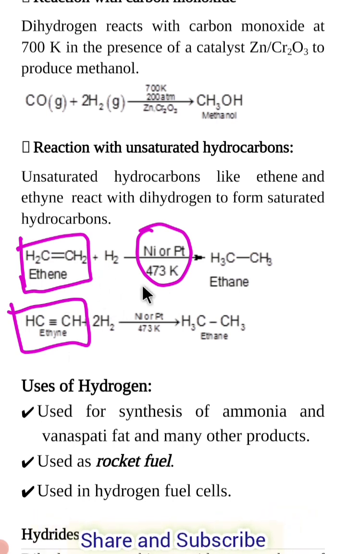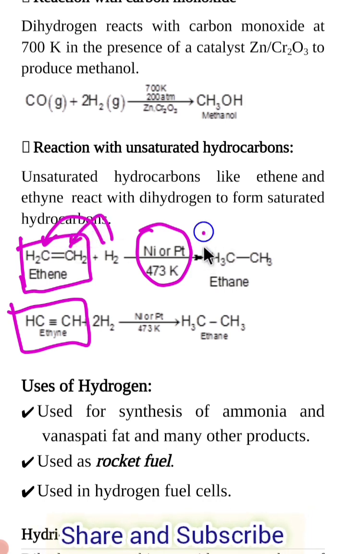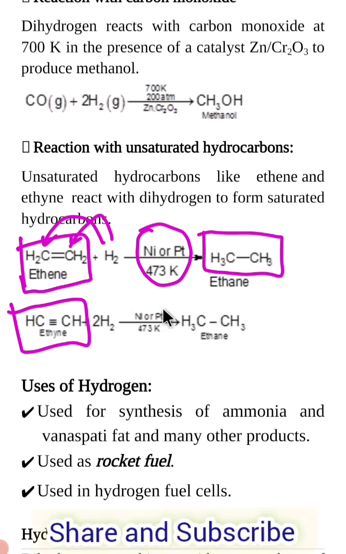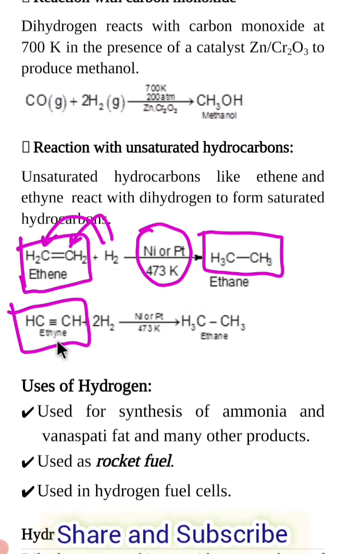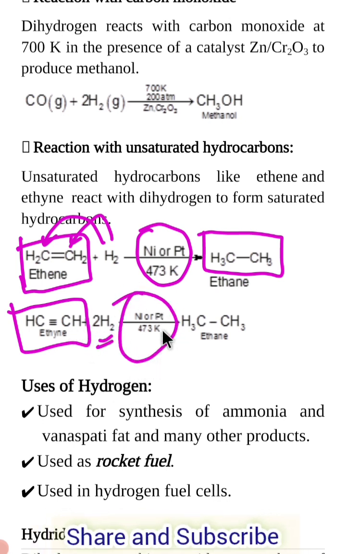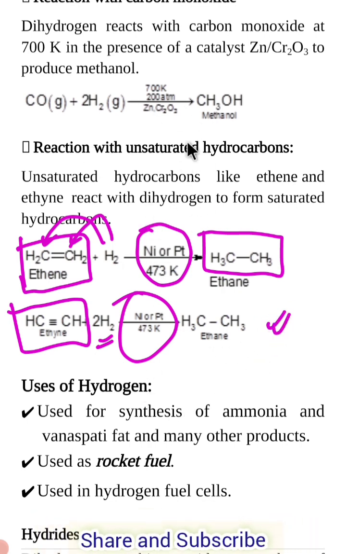If the reaction mixture is heated, hydrogen will be added to the carbon atoms to form a saturated hydrocarbon, which is an alkane. Ethane is formed by reacting ethene with hydrogen. Similarly, ethyne is reacted with hydrogen in presence of nickel, palladium or platinum catalyst to form ethane. These are some chemical properties of hydrogen.